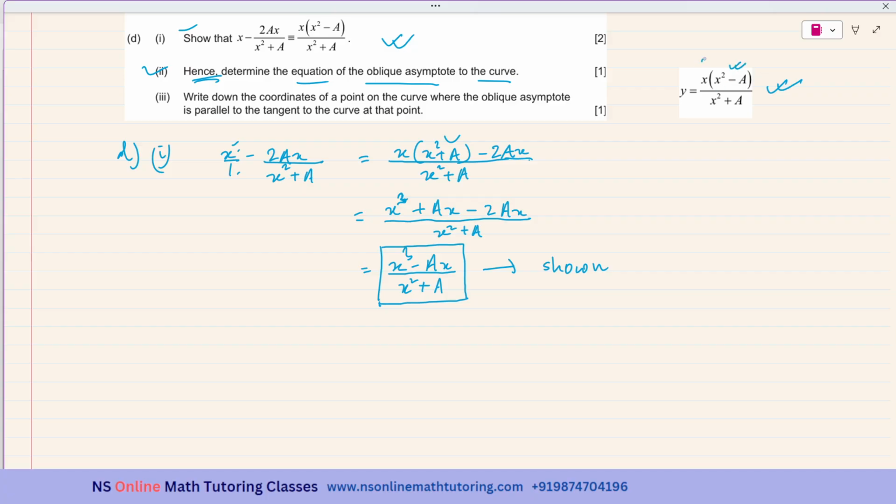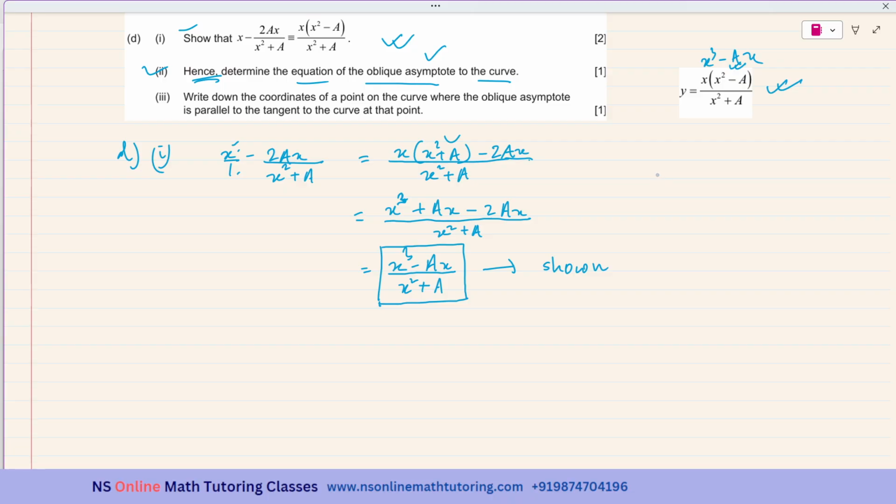If you expand this, it will be x cube minus ax. So the degree of the numerator is 3. Okay. And the denominator is a quadratic expression, so the degree of the denominator is 2. Therefore, the degree of the numerator is more than the degree of the denominator. Hence, we will be having an oblique asymptote.